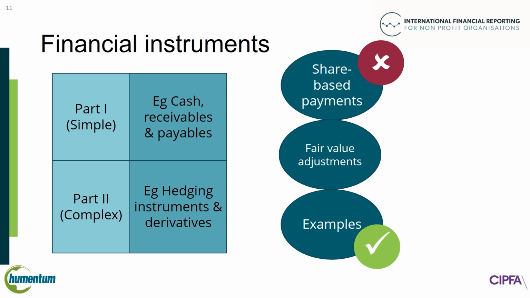References to share-based payments have been removed from this section, for the reasons mentioned earlier. The presentation of fair value adjustments to financial assets and financial liabilities has been amended to direct where they appear in the Statement of Income and Expenses, or Statement of Changes in Net Assets. The implementation guidance contains a new illustrative example that shows monetary assets and liabilities arising from grant arrangements.